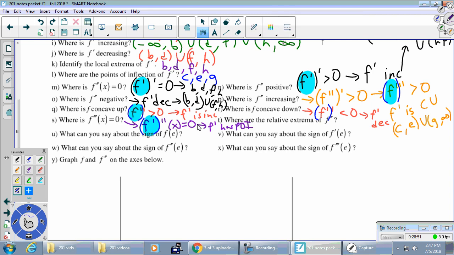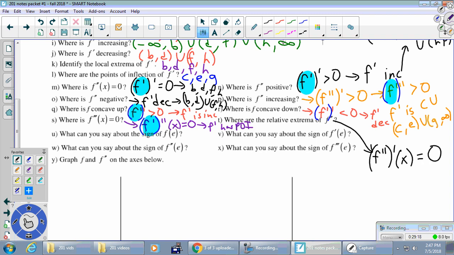Okay, T. Where are the relative extrema of, I can't even read that. Does it say F double prime? I think that's F double prime, yeah. Okay, where are the relative extrema of F double prime? Okay, let's translate. If you tell me you are sitting at a relative extreme point, that means that the derivative of the function we're talking about is 0, right?